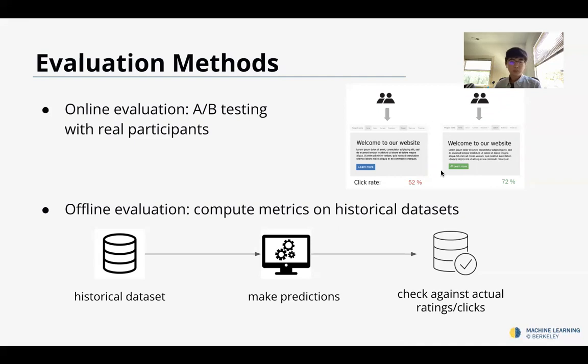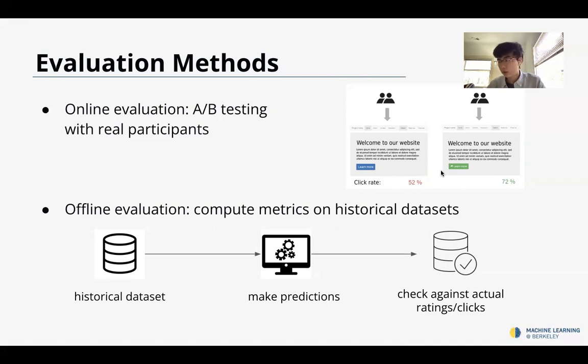But to give you a brief idea of what online evaluation does, one common strategy is to do A/B testing, where you give a fraction of your users the new system, and you give a fraction of your users the old system, and you collect feedback on which system works better.